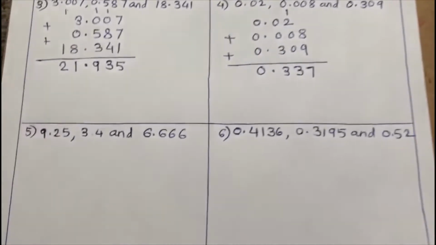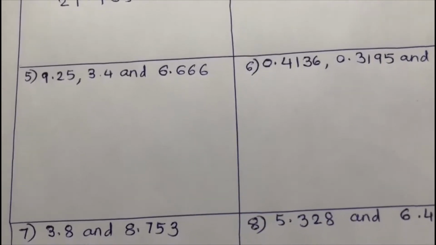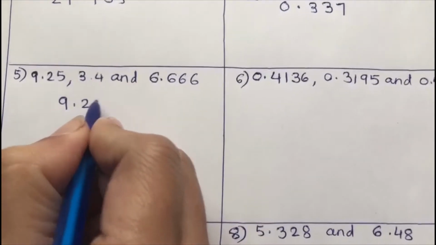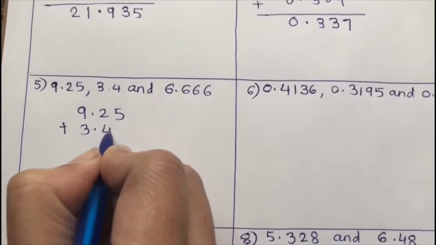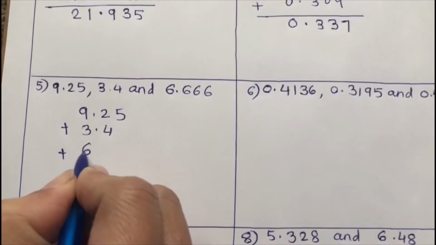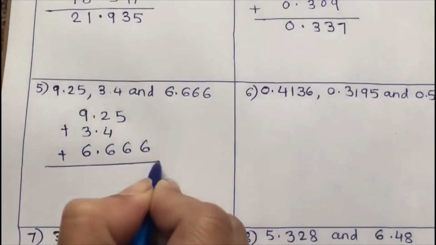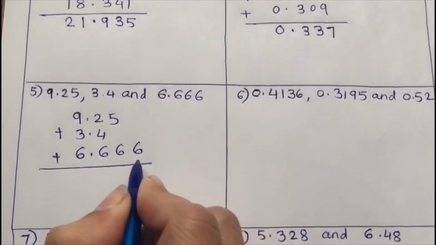Next example, 9.25 plus 3.4 plus 6.666. So in this line there is no other numbers than 6.